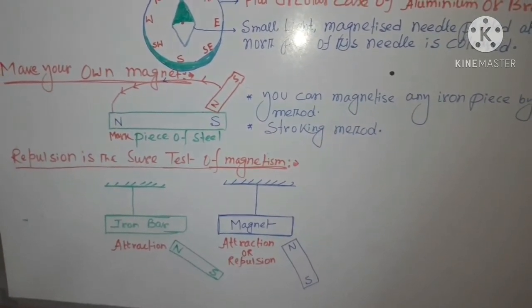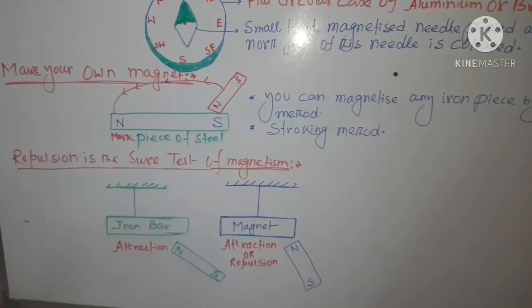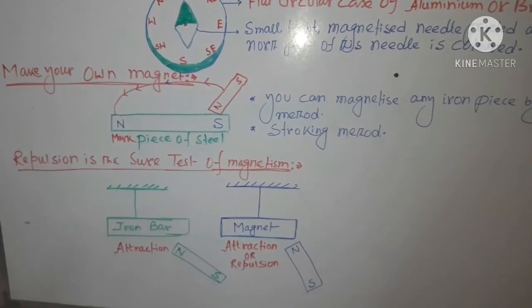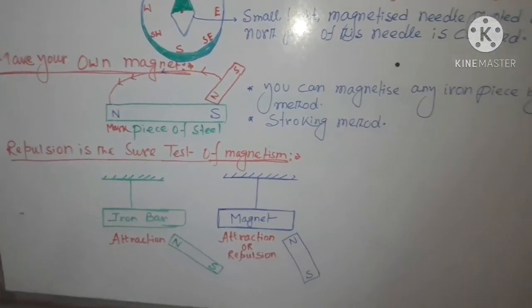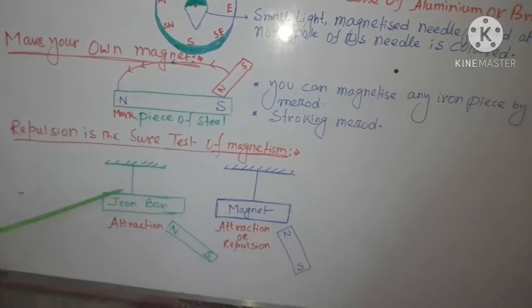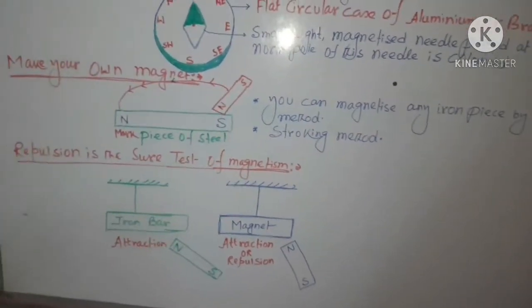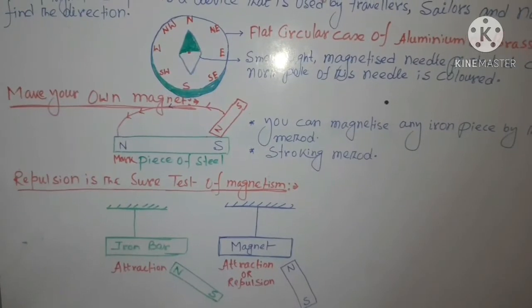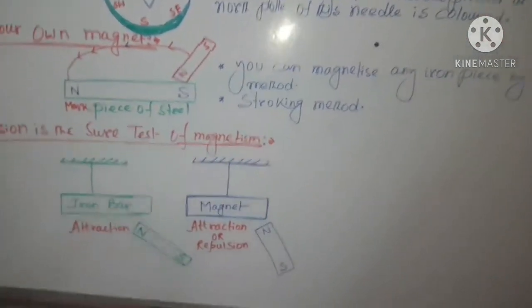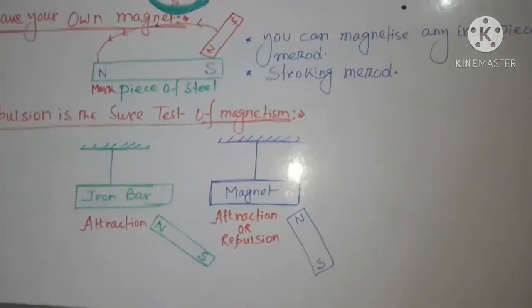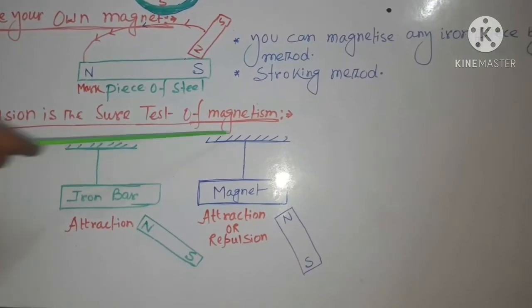I ask you to identify which one is the magnet and which one is the magnetic material. Now see the situation very carefully. Suspend both bars with the help of a thread from a rigid support.